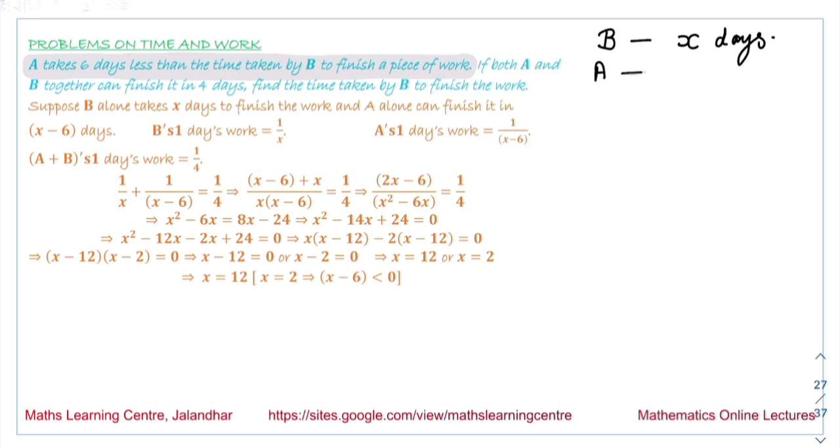So the equation we have is 1 by x plus 1 by x minus 10 is equal to 8 by 75. On solving this equation, we simplify or cross multiply these terms.